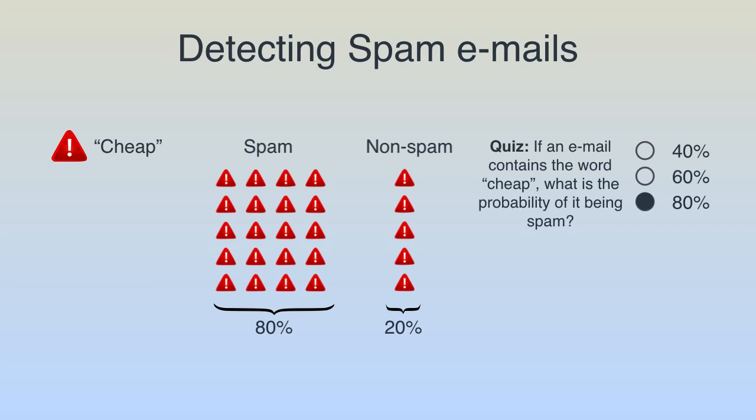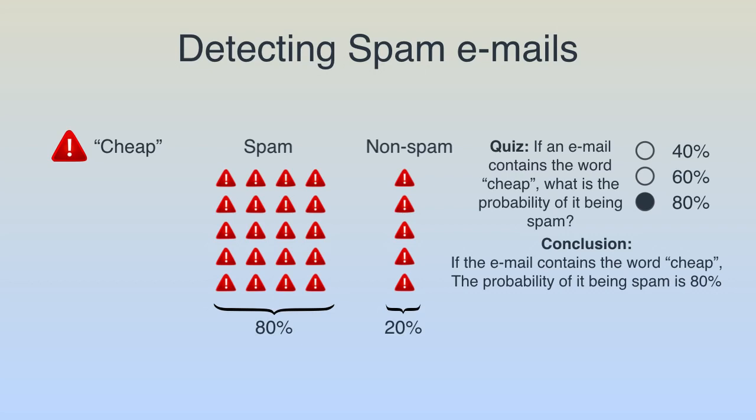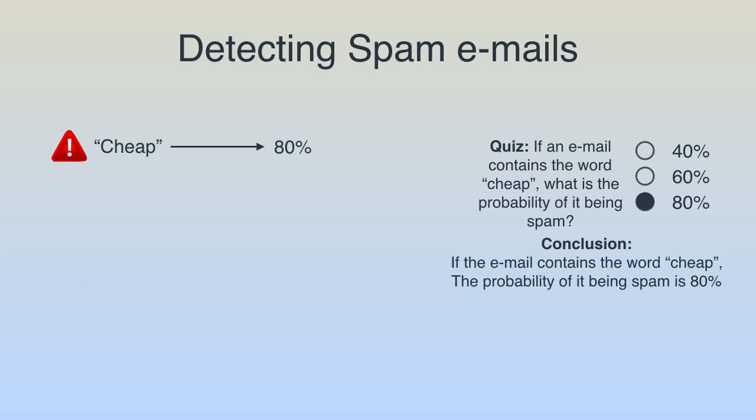So from analyzing this data, we can conclude a rule. The rule says if an email contains the word cheap, then we're going to say that the probability of it being spam is 80%. So we then associate this feature with the probability 80%, and we're going to use it to flag future messages as spam or not spam. We can also look at other features and try to find their associated probability.